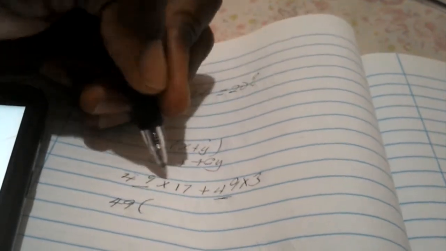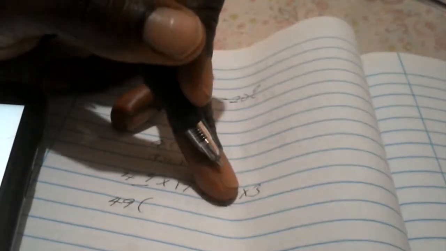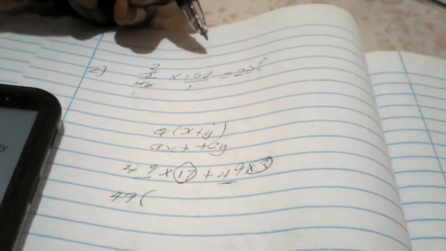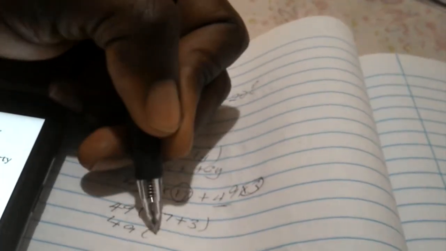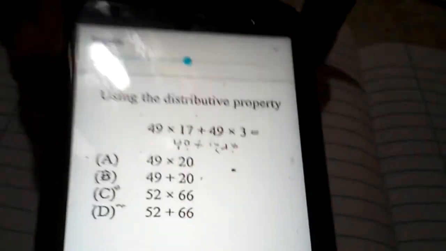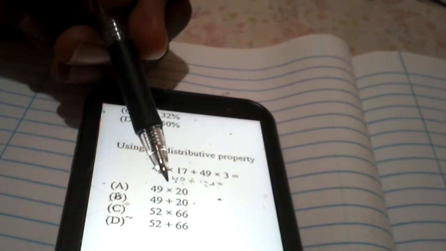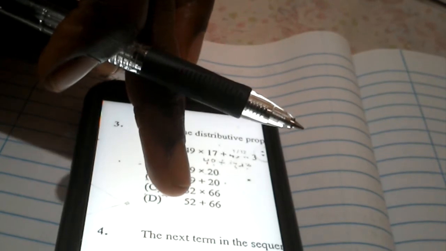If I factor out the 49, I'm going to be left with 17 plus 3. It's going to be 49, open bracket, 17 plus 3. And we know that 17 plus 3 is basically what? 20. So we have 49 times 20. So in our choices earlier on, our answer would be A, 49 times 20. Alright? So the answer for 3 is A.